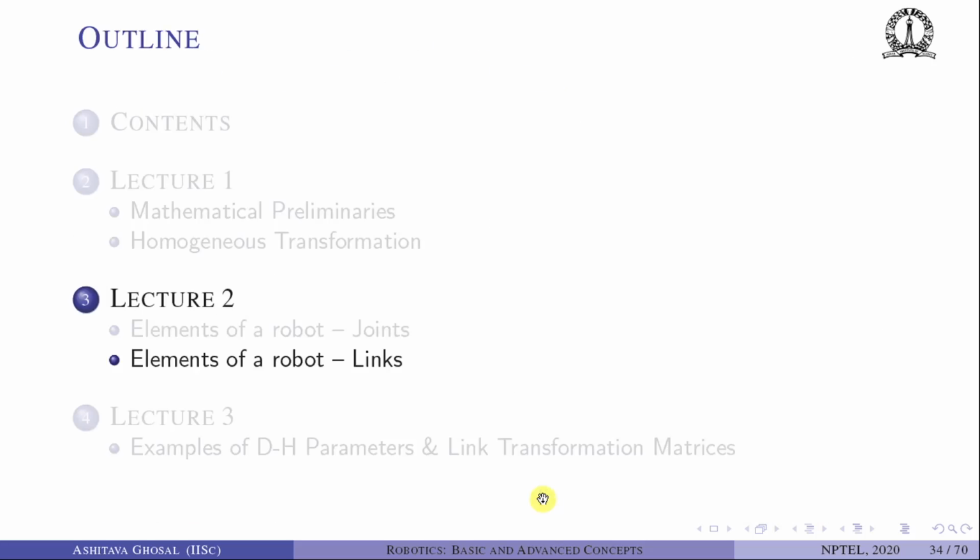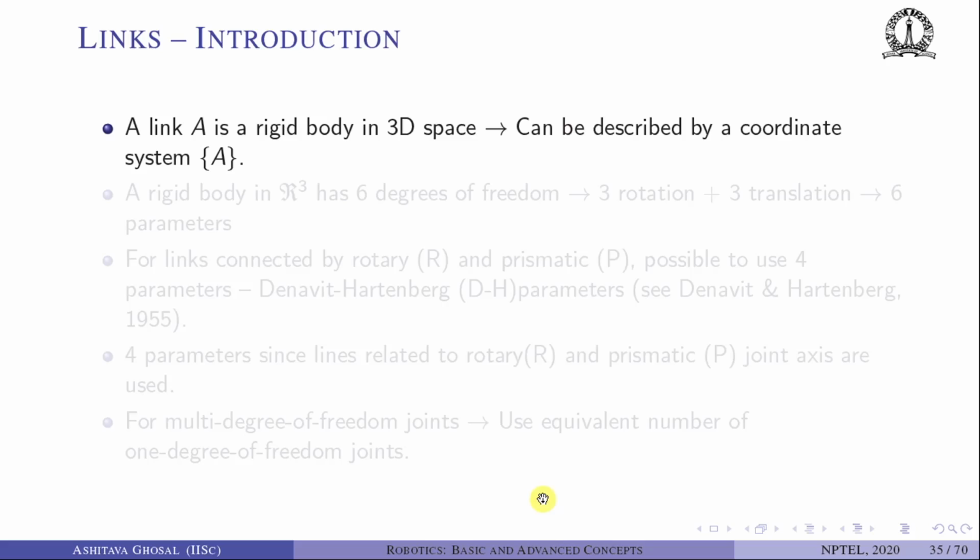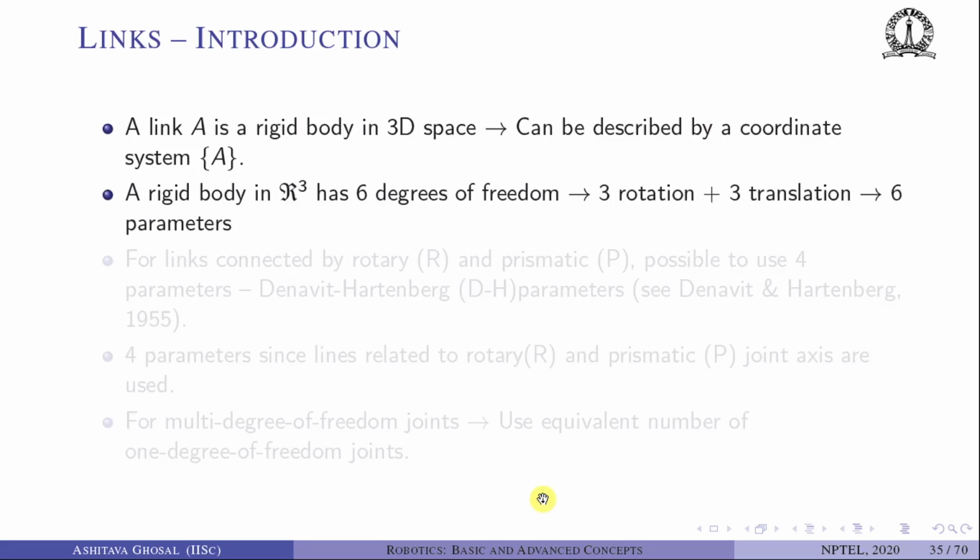Now let's look at the second main element of a robot, which is the links. As I have mentioned earlier, a link A is a rigid body in 3D space, and it can be represented using a coordinate system A. A rigid body requires a point on the rigid body and 3 coordinate axes which describe its orientation, and that is the same as the origin of the coordinate system and the X, Y, and Z axes attached to it.